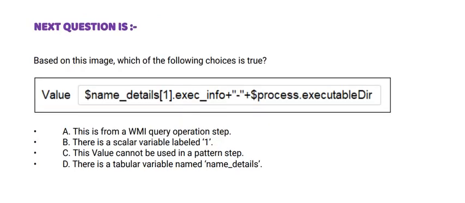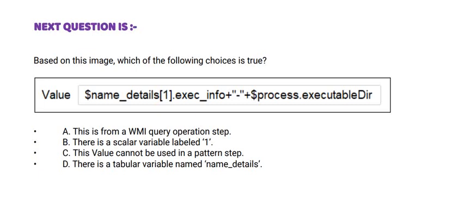Next question is, based on the image, which of the following choices is true? Please go through the image. Now the options are option A, this is from a WMI query operation step. Option B, there is a scalar variable labeled 1.